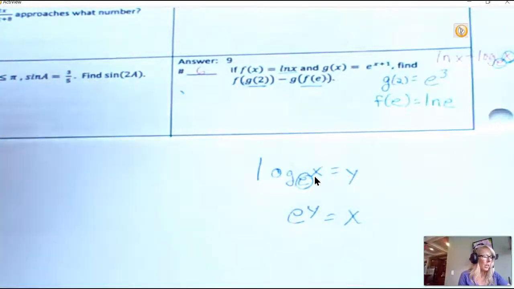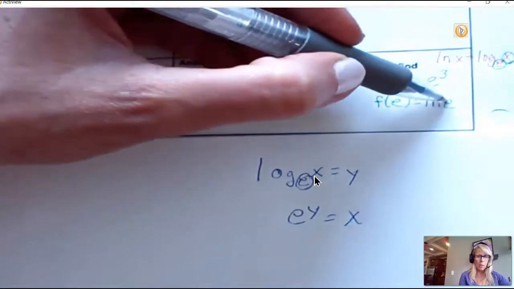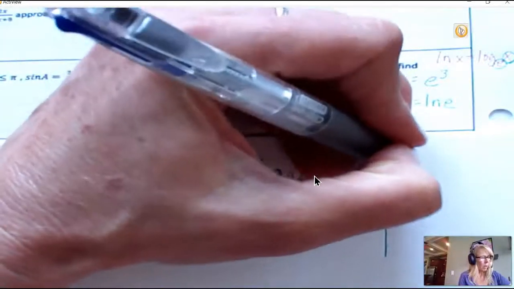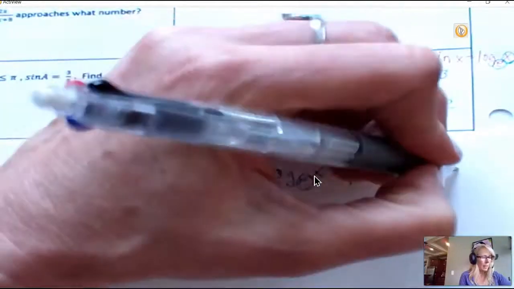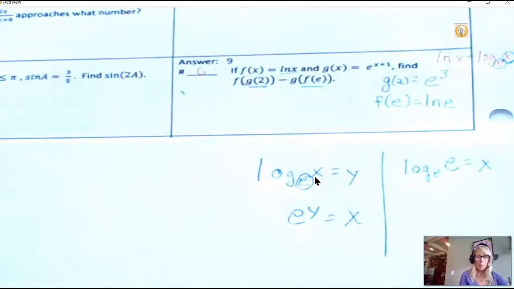So if I looked at natural log of e up here, natural log of e is like log base e of e, which is going to be equal to some value. Write that in exponential form.